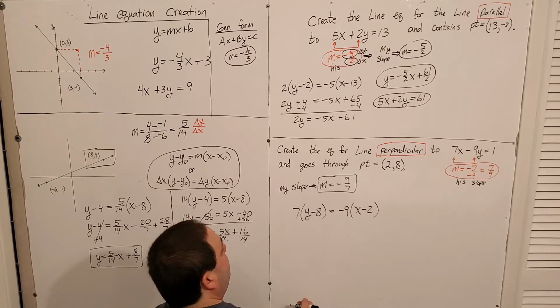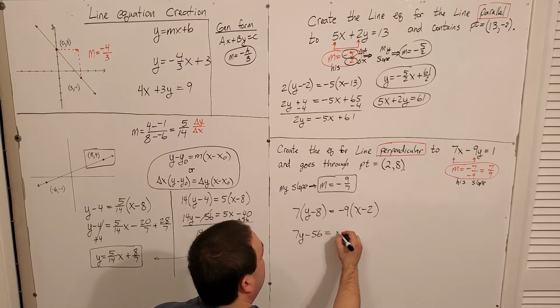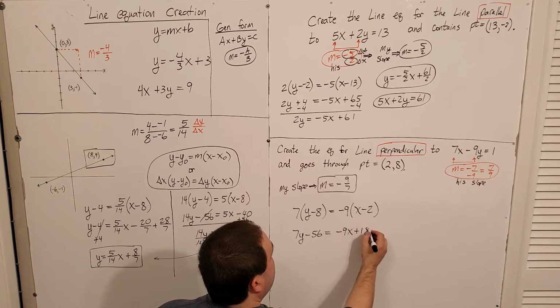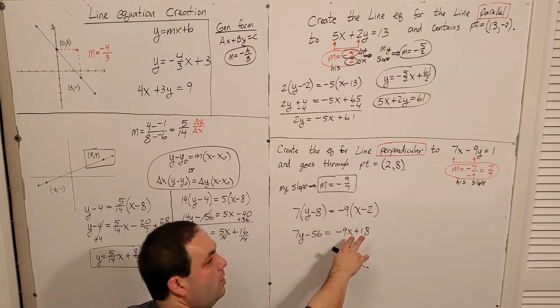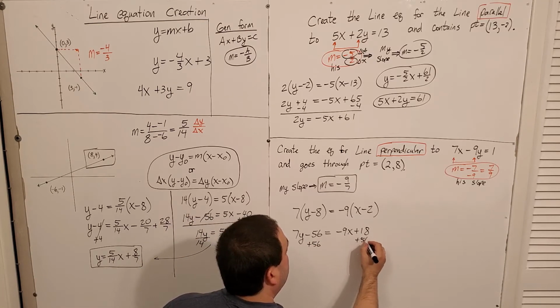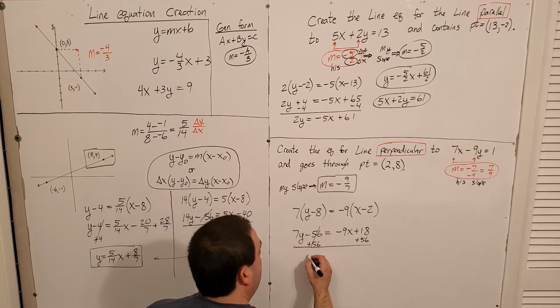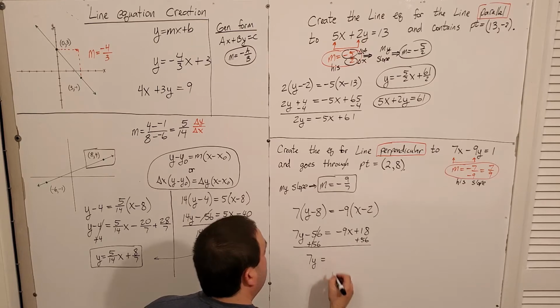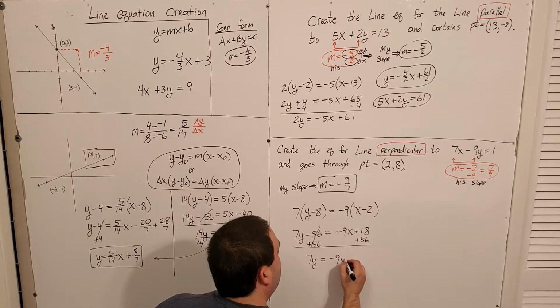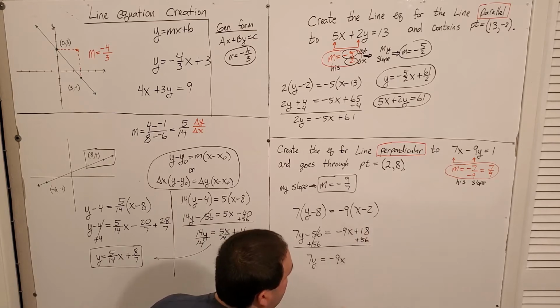All right, distribute. Negative 9 plus 18. Get all of your numbers together. Plus 56, plus 56. So this is gone. I now have 7y is equal to negative 9x. And then we've got, let's see, 60, 74.